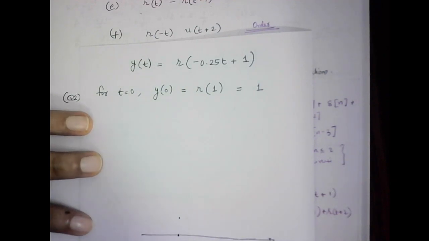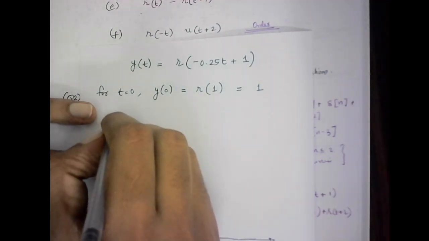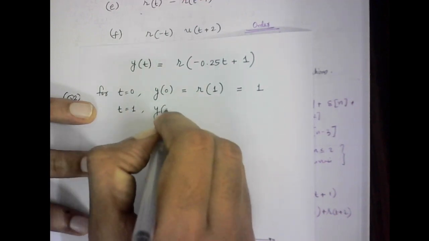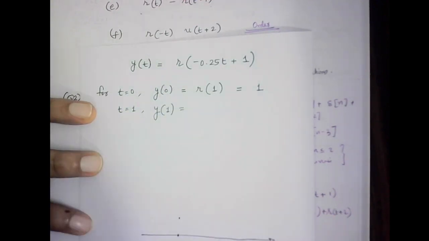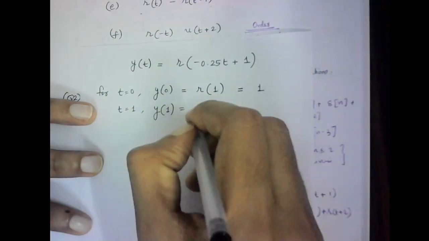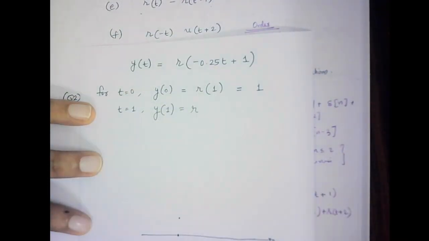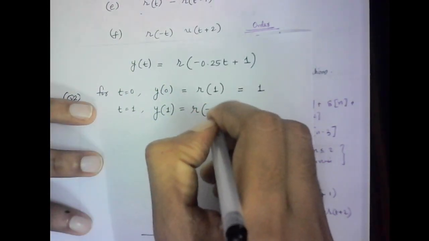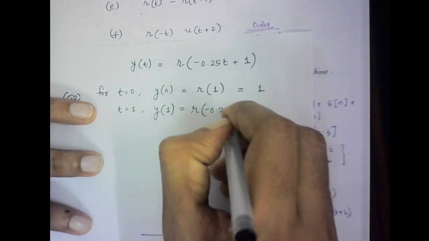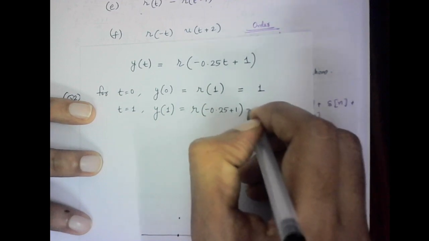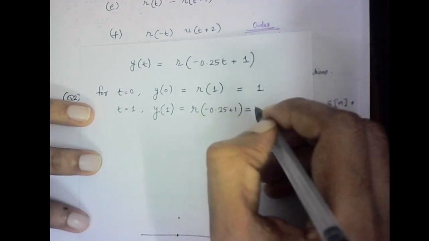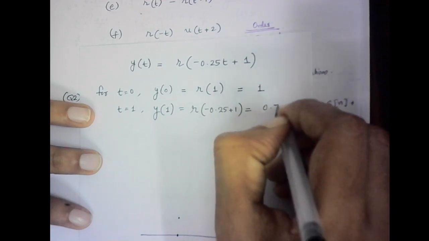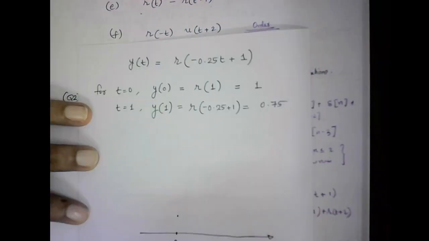Then let me try to get the value at t is equal to 1. So y of 1, what is y of 1? It is r of minus 0.25 plus 1, which is r of 0.75, and you will get it as 0.75.